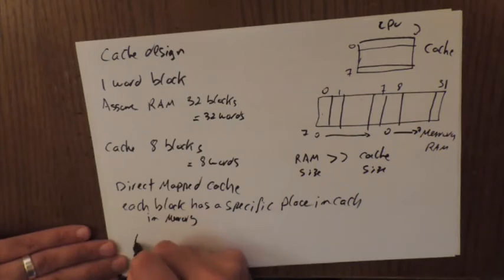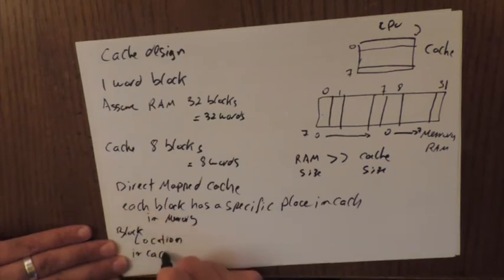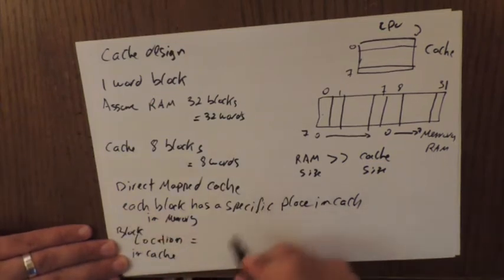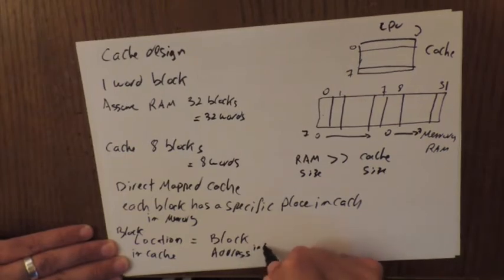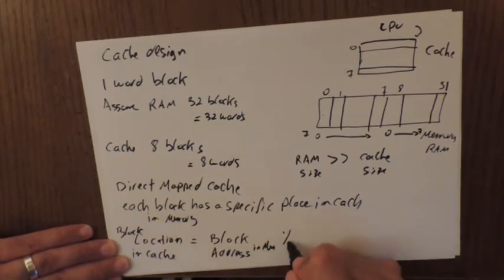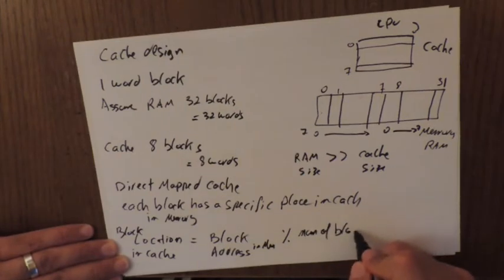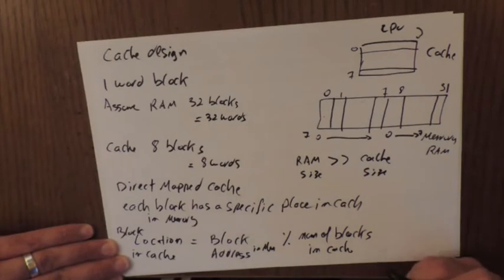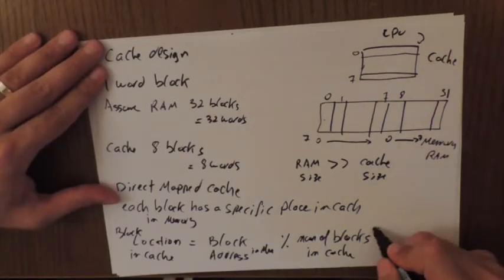So the block location in cache is equal to the block address in memory modulo the number of blocks in cache. The number of blocks in cache in our case is 8.